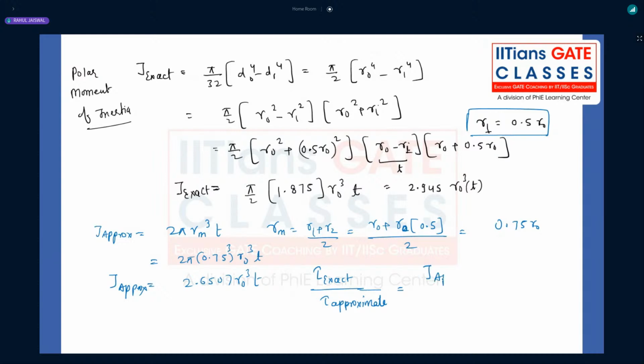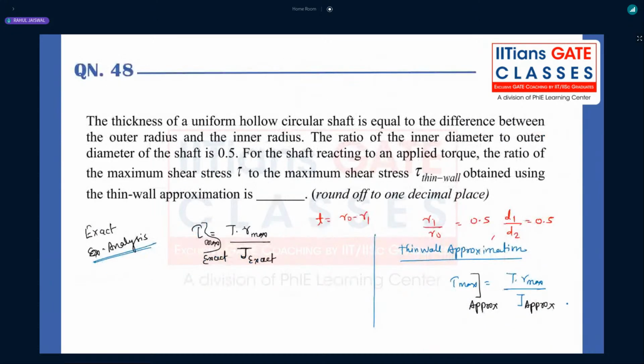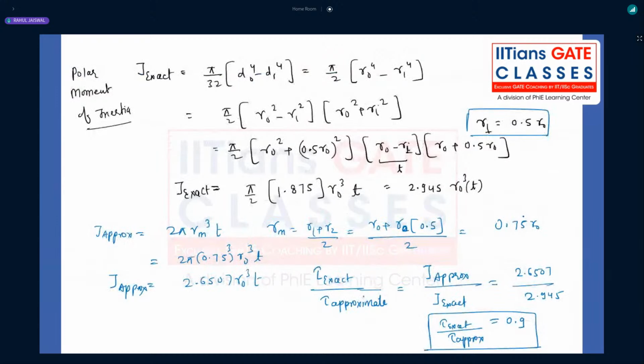So this will be J approximate over J exact, because stress is inversely proportional to J. J approx we know is 2.6507 and J exact is 2.945, so you'll be getting exactly 0.9. So this will be the answer for tau exact divided by tau approximate. Check it out. We have to round off to one decimal place, so the right answer, I think, is 0.9.